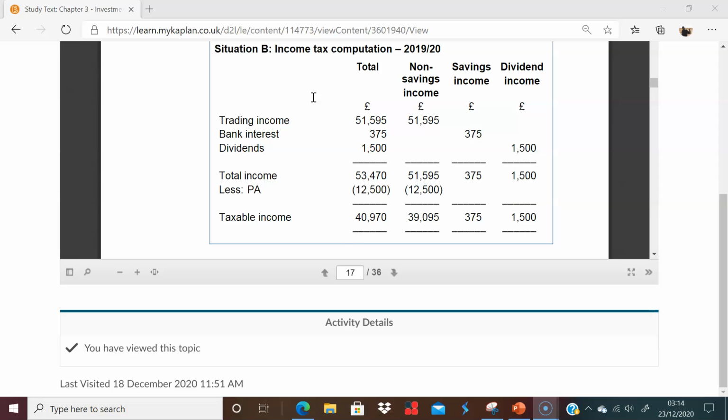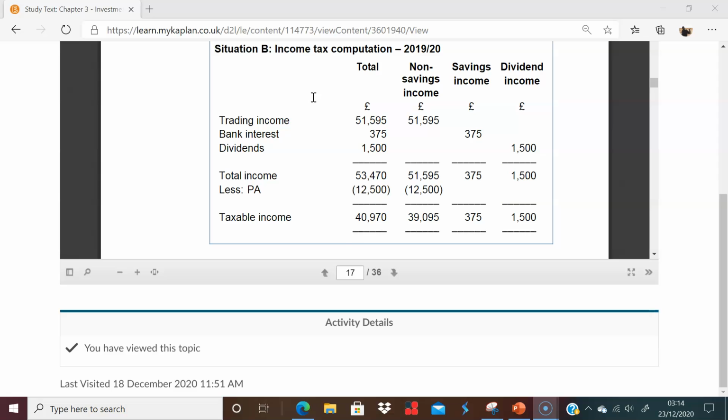So you have 39, and I can tell you straight away, this is a higher rate taxpayer, so they will get 500 starting nil rate band on savings, even though all of this is greater than the 37,500.